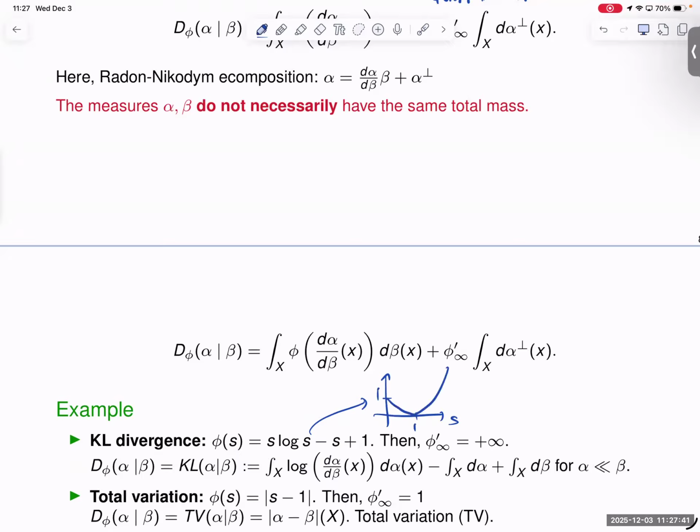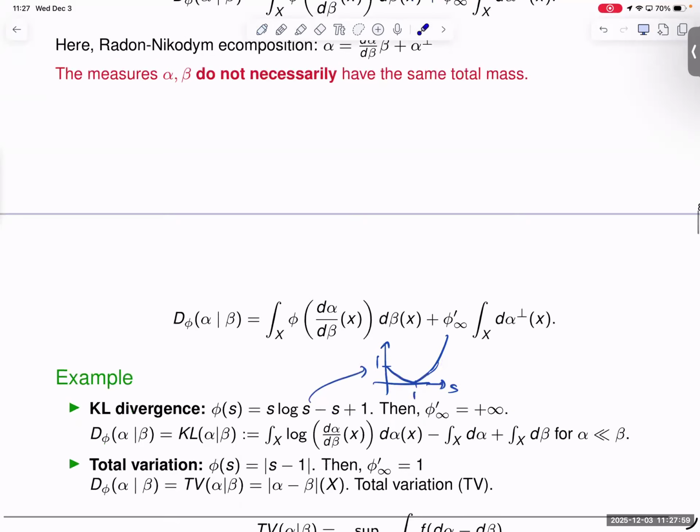And there is no asymptotic slope. So the slope goes to infinity. That's why you have that.